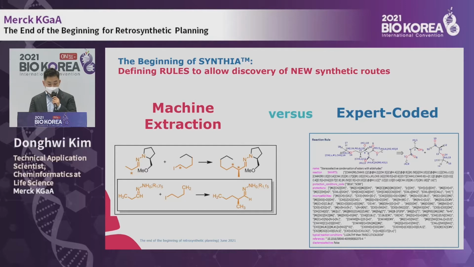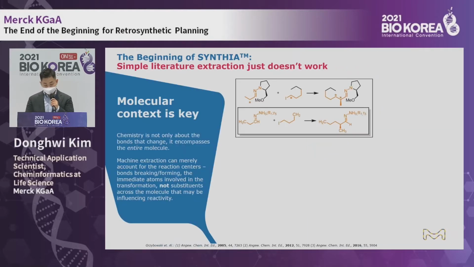So I'd like to give a very quick example of one of the machine extraction rules. Here is an example, a stereoselective alkylation reaction, and the core of the rule is colored in orange and specifies the atoms changing their environment, and also includes the flanking atoms up to 3 bonds away from that reaction center.